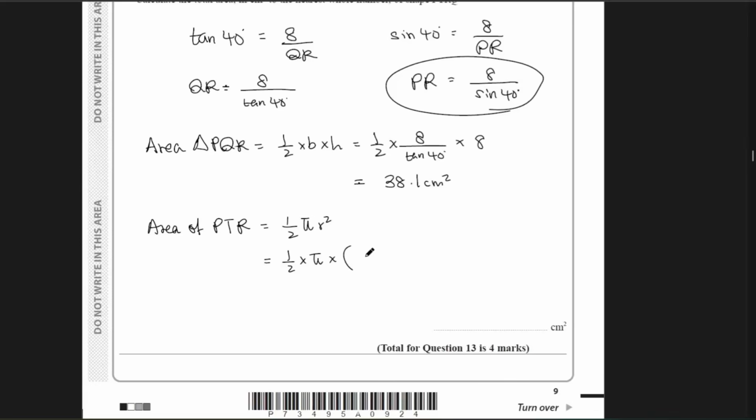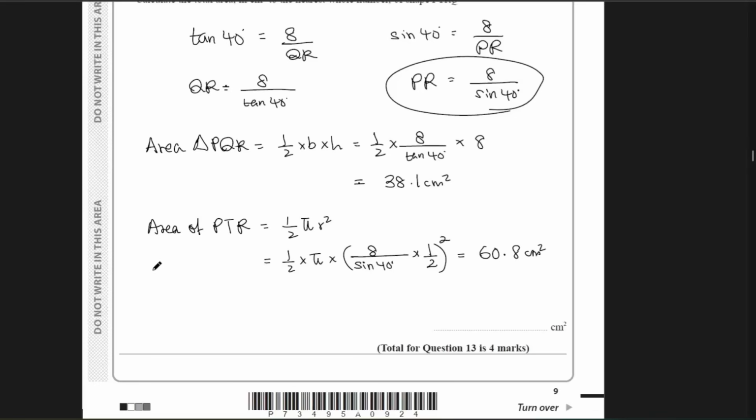The value for PR is 8 over sine 4t, and we need to divide this by 2 to get the radius. So basically we multiply by half, the bracket squared. This gives us 60.8 cm squared.